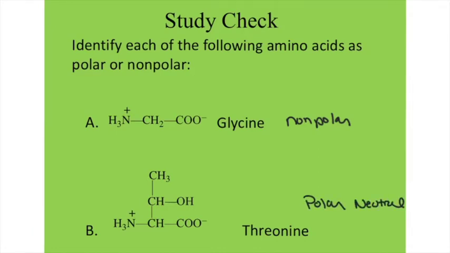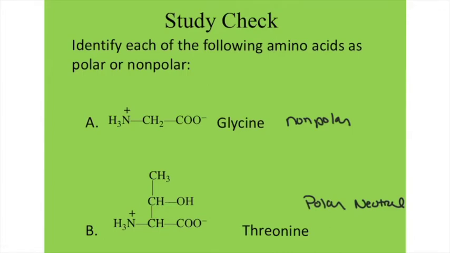I will say that your amino acids have an N-terminus and a carboxyl terminus. And the N-terminus can accept a proton and become an ammonium ion, and your carboxyl terminus can lose a proton and form an anion. And so you have these two ends of your amino acid that can ionize.